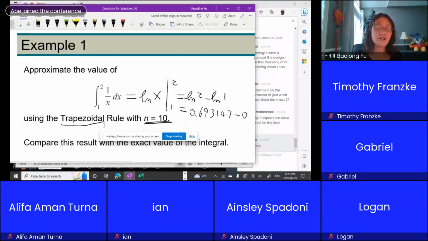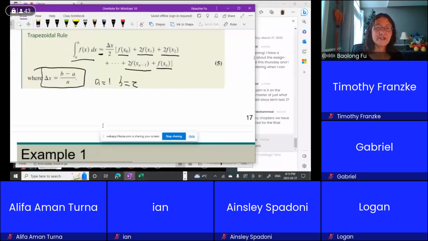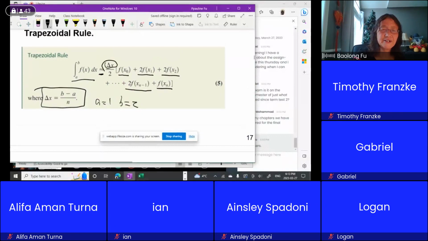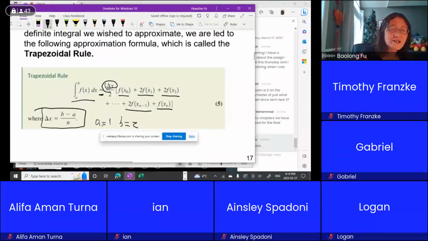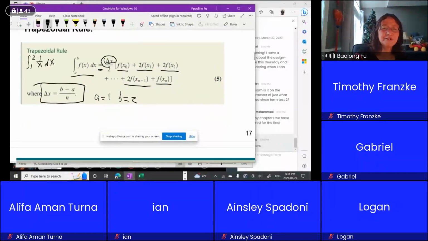first of all, you need to find delta x. So this formula, we need delta x. I will copy the original function here. So we are asked to do this. I'll refer to this rule here. So when you have A equal to 1, B equal to 2, n equal to 10, plug in (2 minus 1) over 10, equal to 1 over 10 or 0.1.